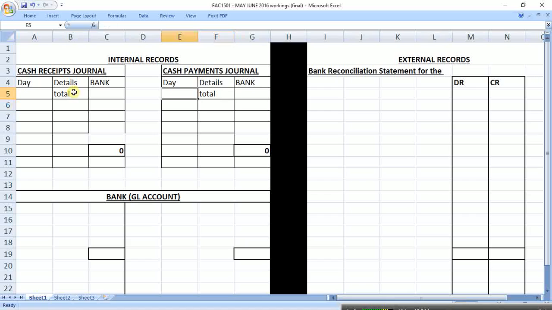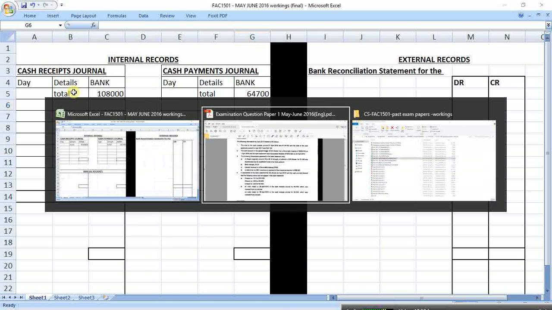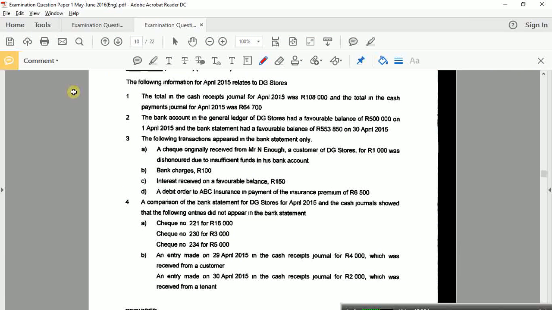Got it. Good. Put it in. What is the receipts? 108. Payments? 64,700. Yes. Happy.